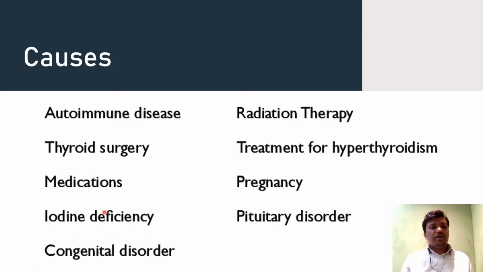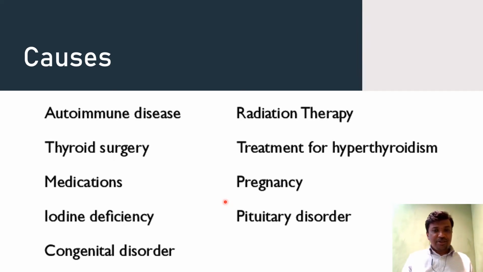And there are other causes like congenital causes, which can cause congenital hypothyroidism. This is very important to detect early in childhood or infancy, so that we can prevent severe neurological developmental problems. And also pituitary: as you can see, the TSH is produced by the pituitary, so for some reason hypopituitarism can also develop hypothyroidism.